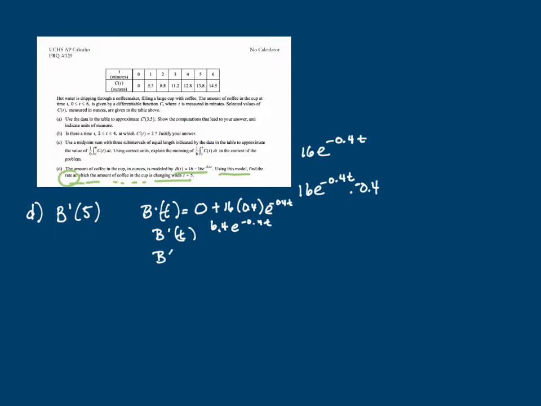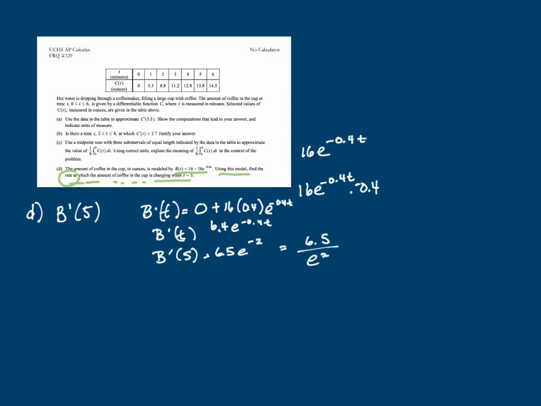And so b prime of 5 would be 6.4 e to the negative 2. The t was 5, so 0.4 times 5 gives negative 2. So it equals 6.4 over e squared.